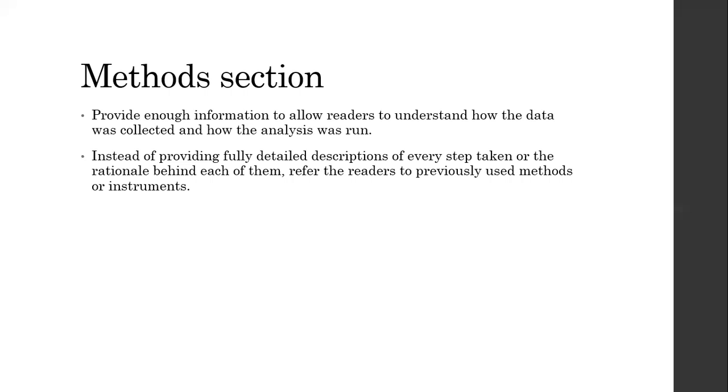So when you write the method section, you take into consideration whether it is a new, innovative methodology or not. If it is new, you have to put it in detail. Otherwise, just mention the method and put the reference next to the method, okay?